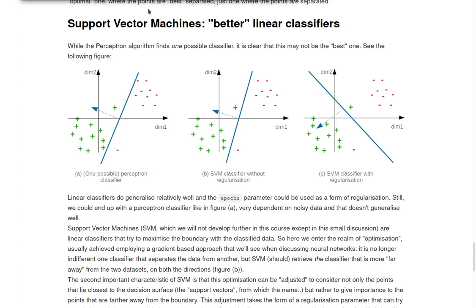As I said, perceptron will find one possible classifier, but maybe this classifier is very close to some of the points, not necessarily on the line more equidistant between the positive and the negative.